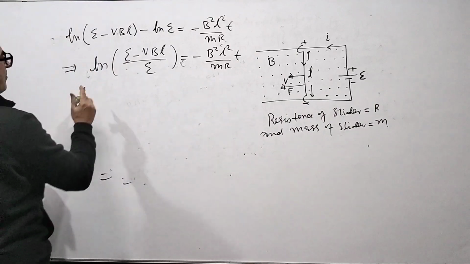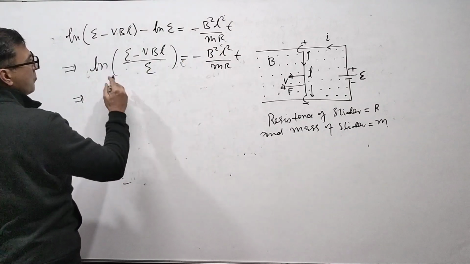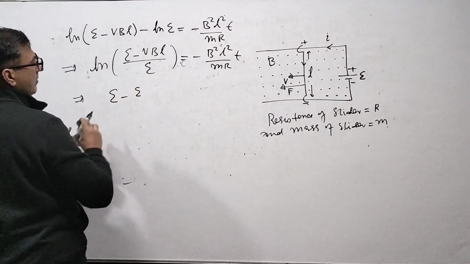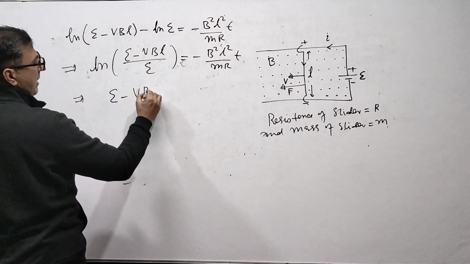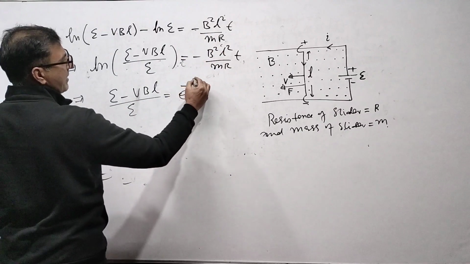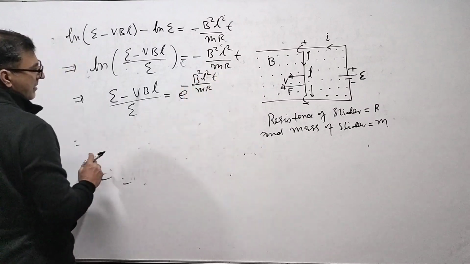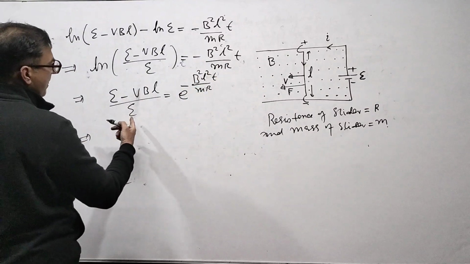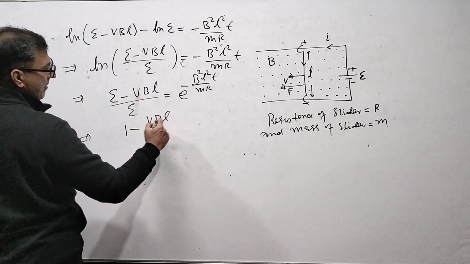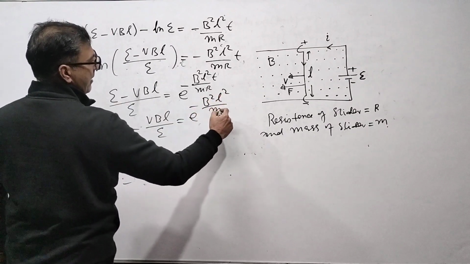Now ln is to be shifted to the right side, so it will be the anti-log: (E − VBL) divided by E is equal to e raised to the power −B²L² by MR t. Now divide E here and here, that is 1 − VBL by E is equal to e raised to the power −B²L² by MR t.